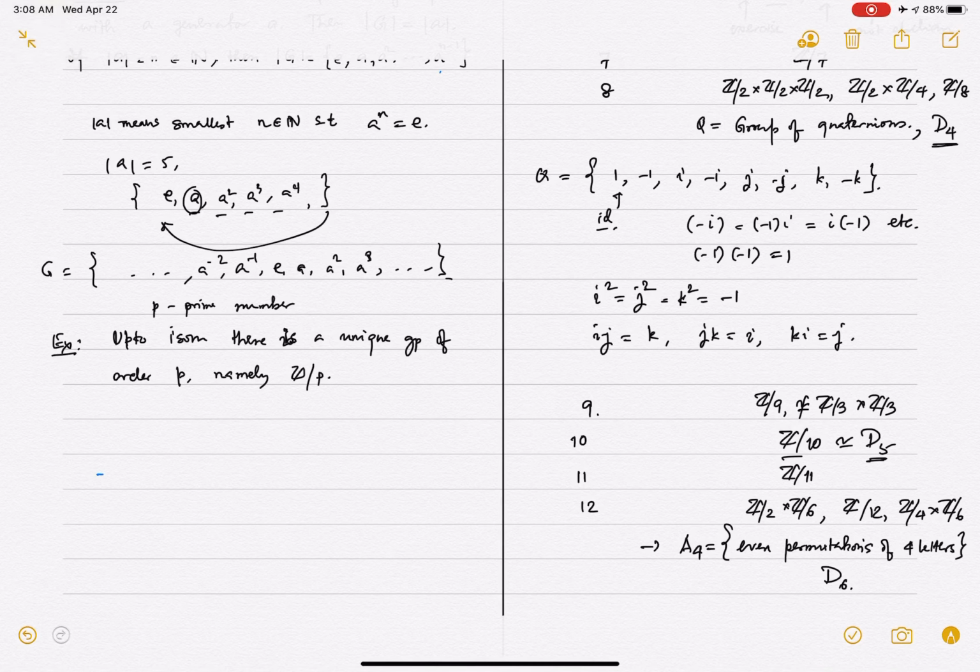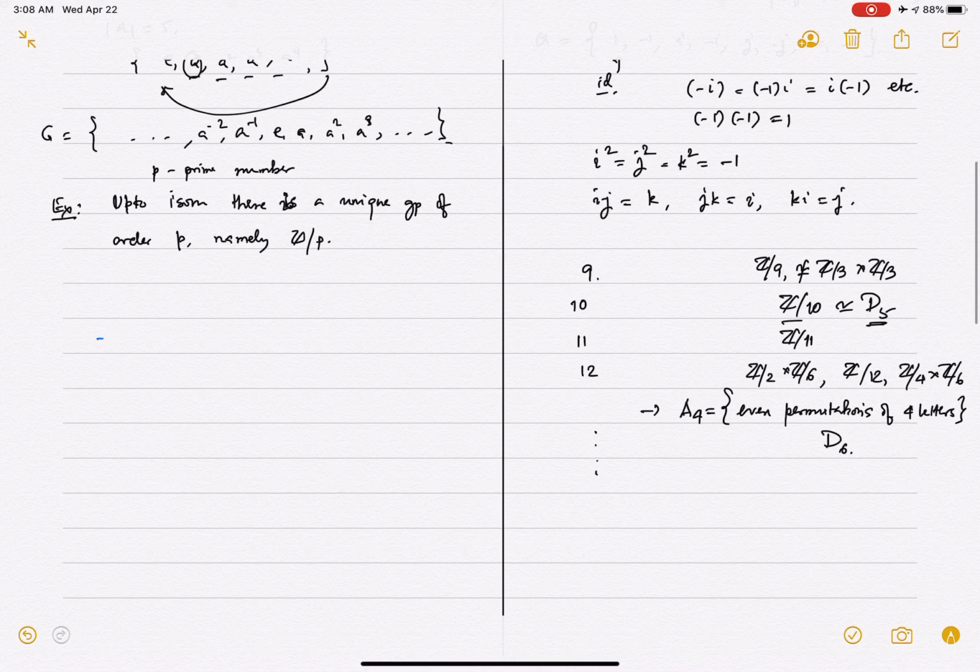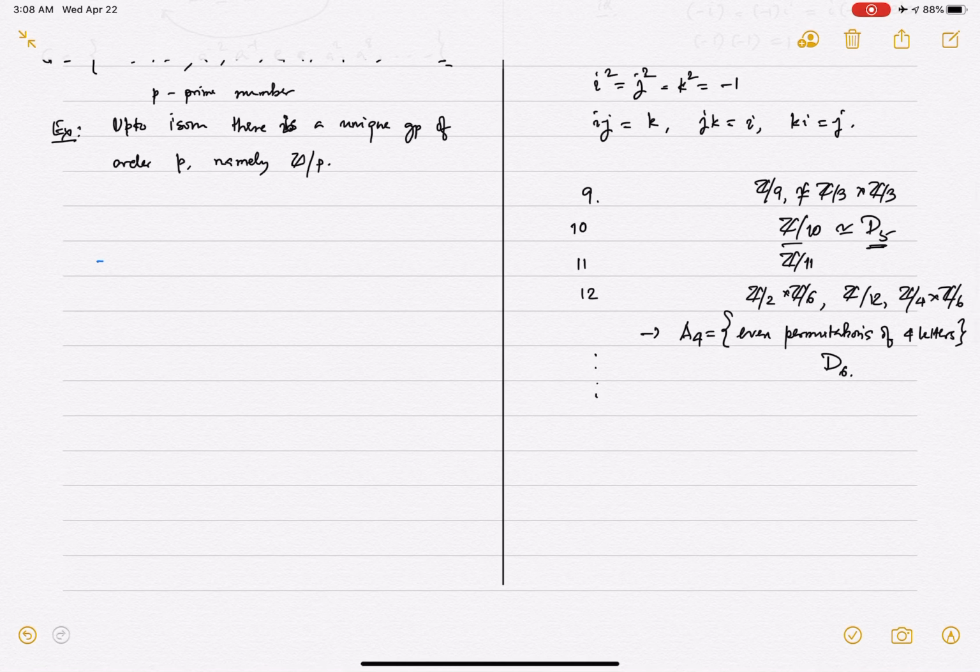And it's a fun exercise to run this a while more. Very interesting numbers here are 60, 168, etc. These are the numbers where really, really interesting groups appear.